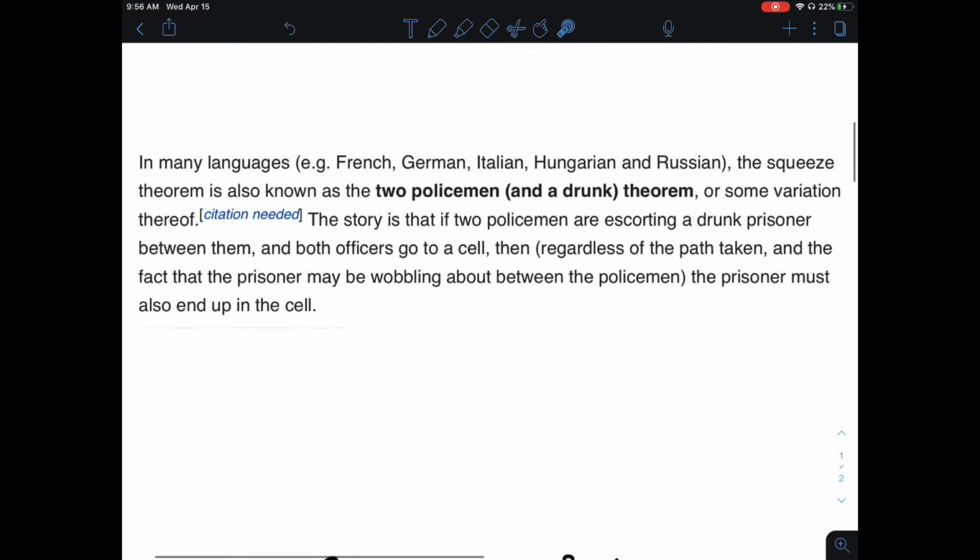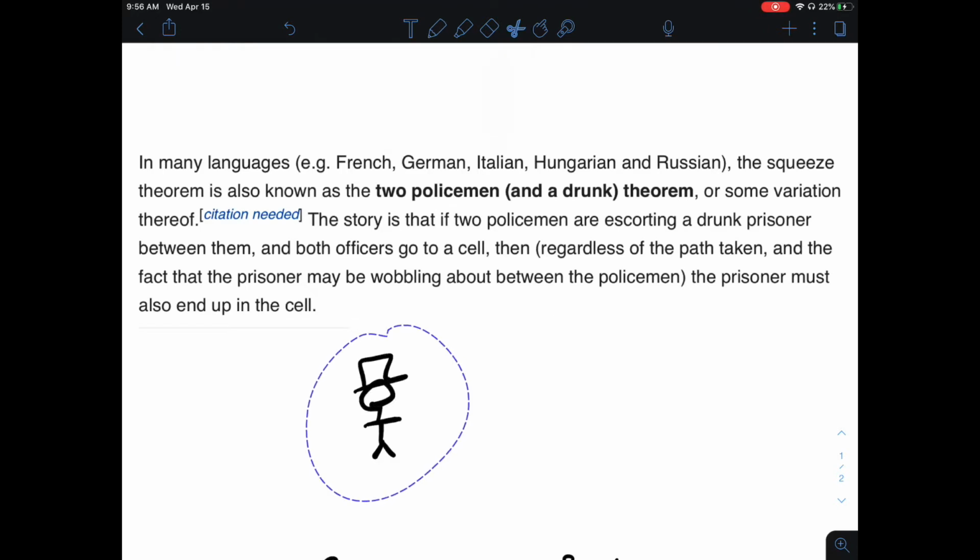In many languages, for example French, German, Italian, Hungarian, and Russian, let's focus on the Hungarian, the squeeze theorem is also known as the two policemen and a drunk theorem. This is good. Or some variation thereof. Citation needed. The story is that if two policemen are escorting a drunk prisoner between them, so let's do that. Boy in blue right here.